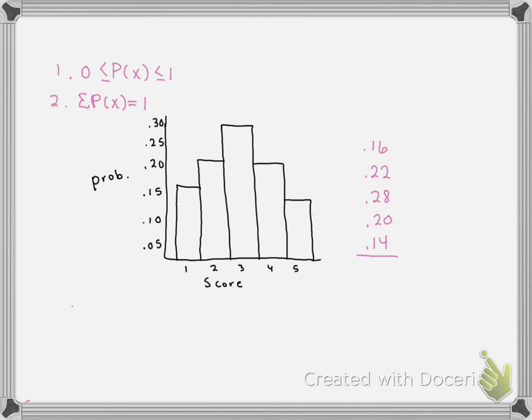Okay, so that is what the histogram looks like for that particular data set. Now, we would not be able to construct that if we did not actually have a discrete probability distribution, okay? So we don't need to do the try it yourself too. Just remember that these numbers here along the y-axis are the relative frequency.